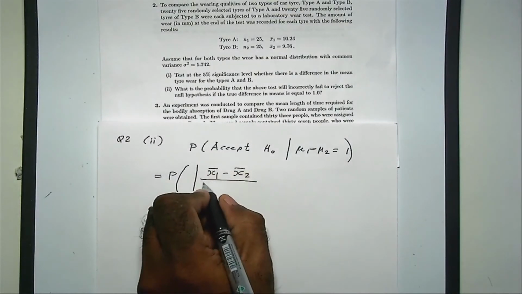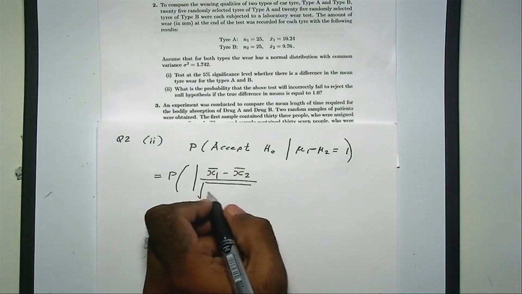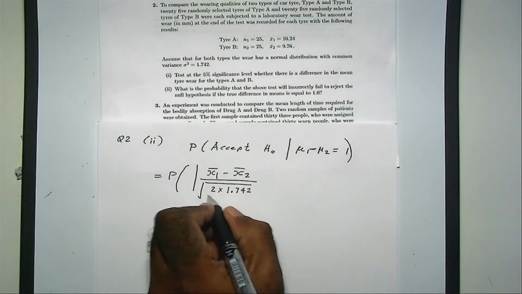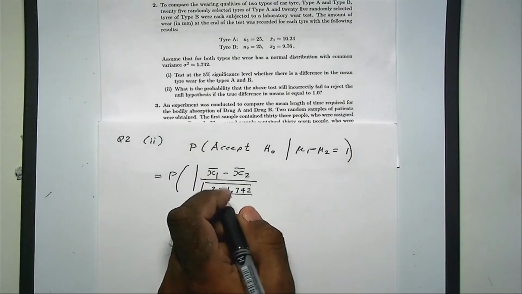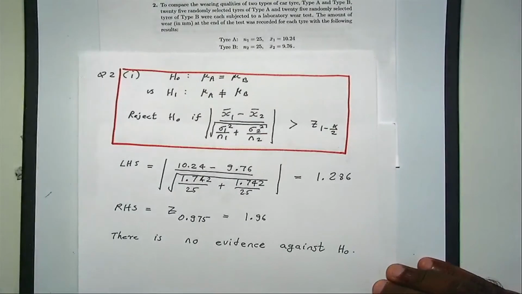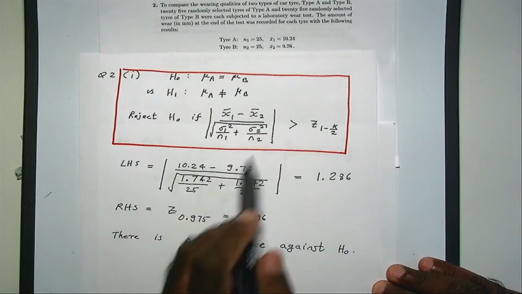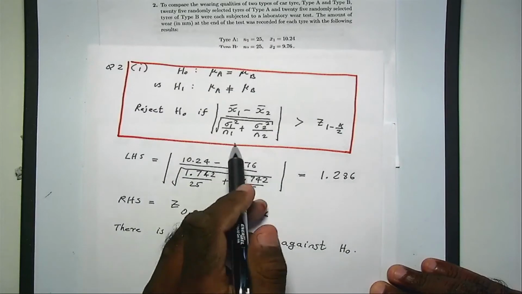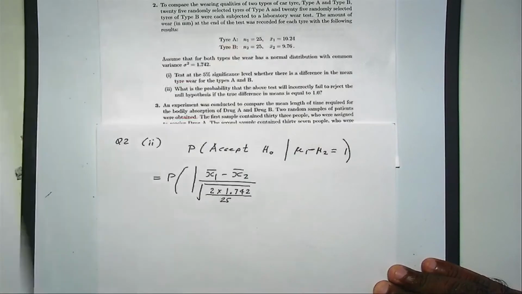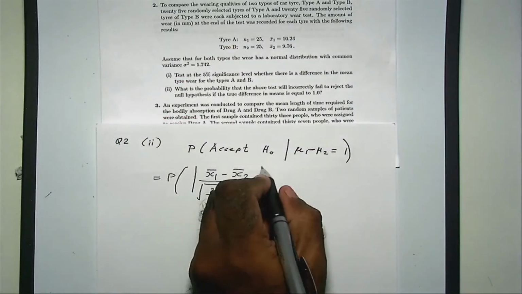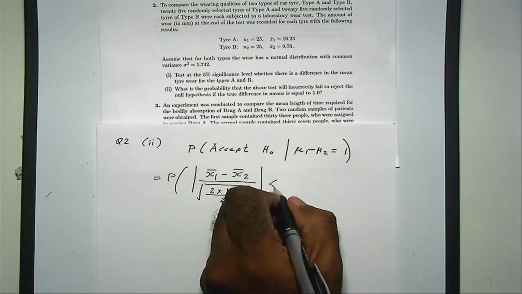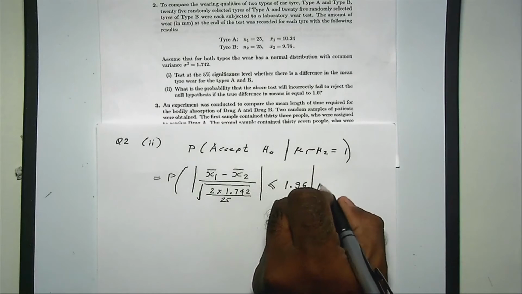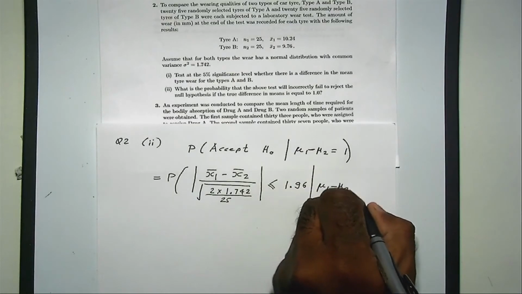So this is simply 2 times 1.742 divided by 25. Remember this, because if you go back here, sigma 1 squared and sigma 2 squared are both equal to 1.742, and the sample sizes are both equal to 25. So this is what you have in the bottom, less than or equal to 1.96, when the true difference between the population means is equal to 1.